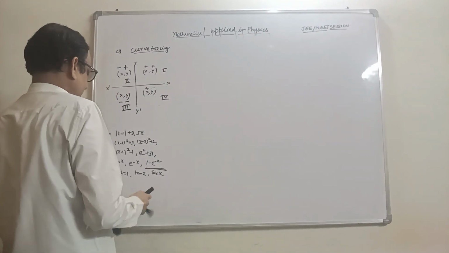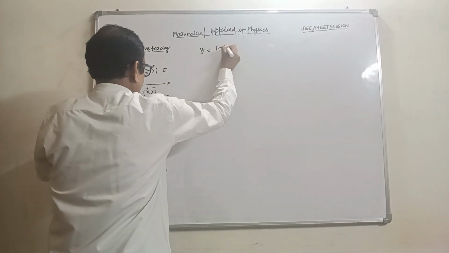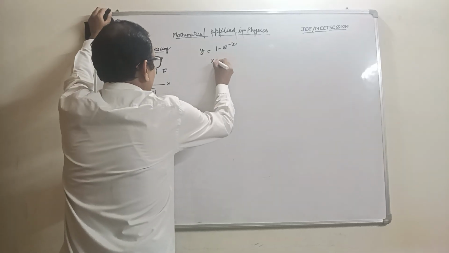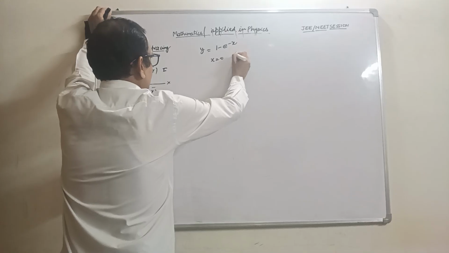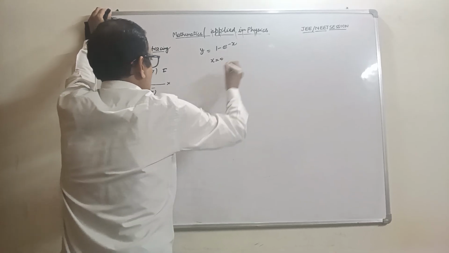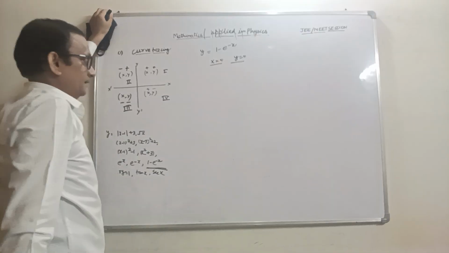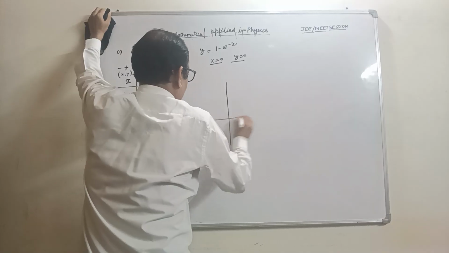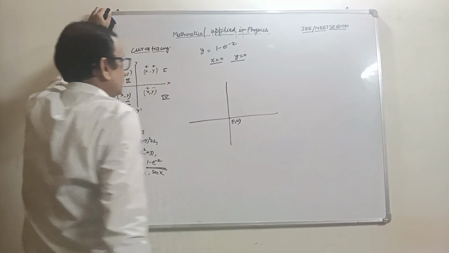So the graph is y is equal to 1 minus e raised to power minus x. For x equal to 0, e raised to power 0 is 1, so y is equal to 0. So it is clear this graph starts from the origin, coordinate (0, 0).